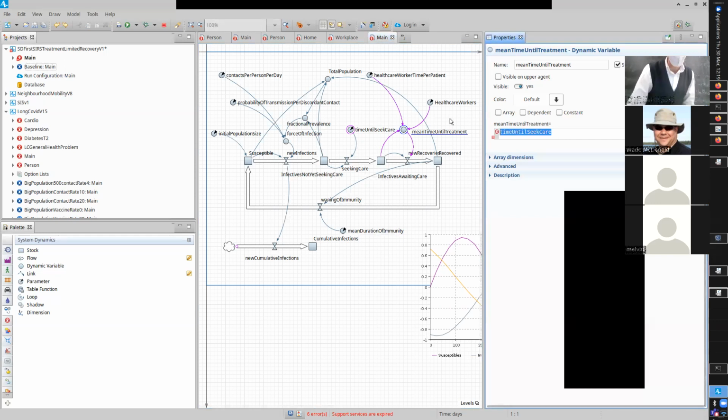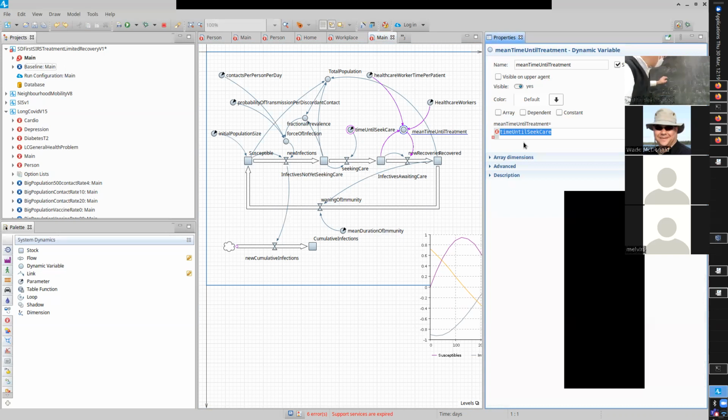Okay, so this is what we want to put in place here. A bit of dimensional reasoning. I expect you'd be able to reason through things like that. Dimensions are incredibly useful, and they're unfortunately under-tapped in computer science. Okay, so we're going to take this mean time until treatment, and we're going to transliterate this expression, right?